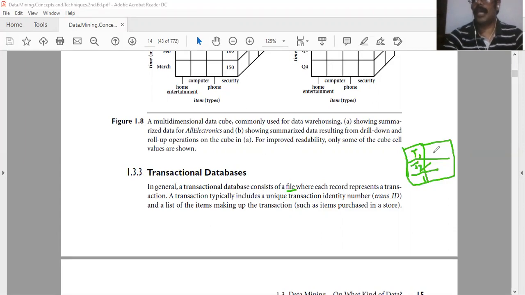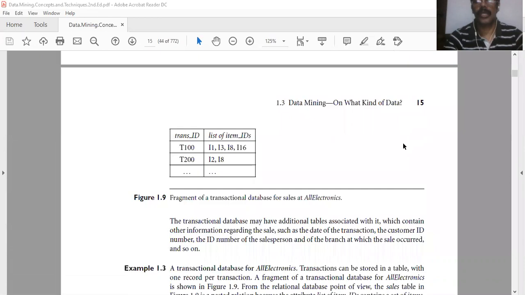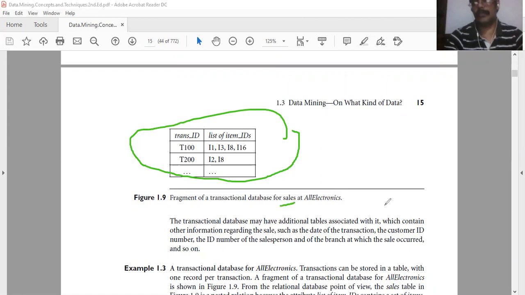Example, items purchased in a store. This figure shows a fragment of a transactional database for sales at AllElectronics.